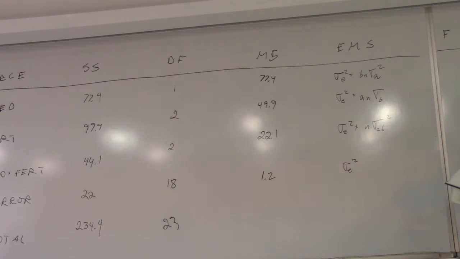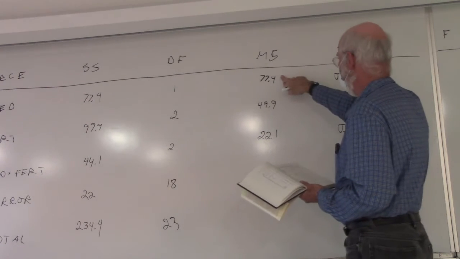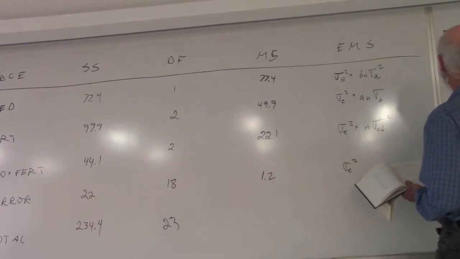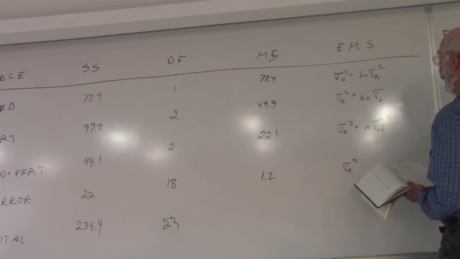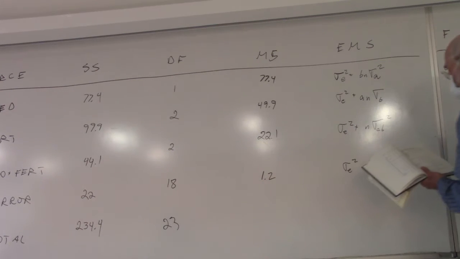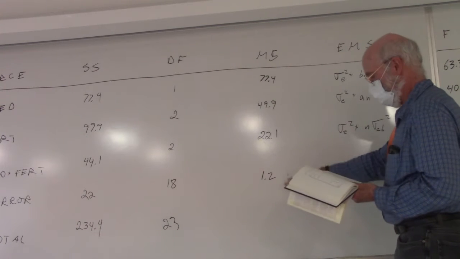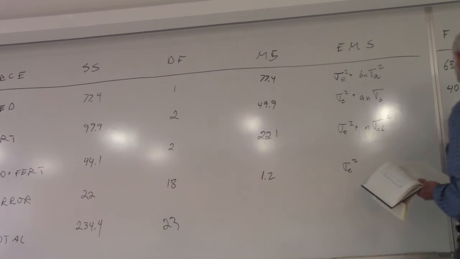All right? So if we compute those, the computed F is going to be 63.3. So that divided by that is 63.3. That divided by that is going to be 40.9. And that divided by that gives me 18.